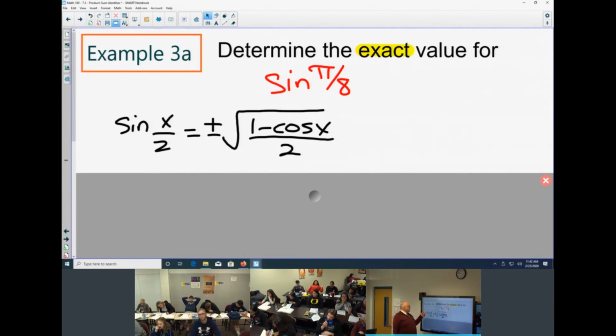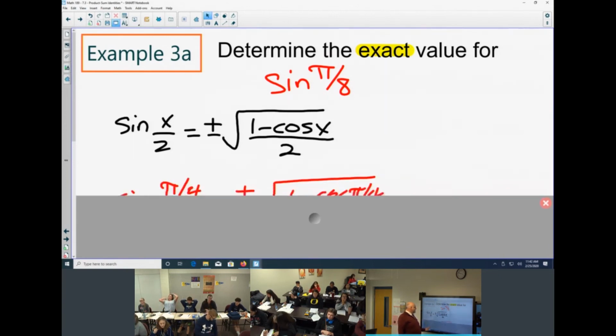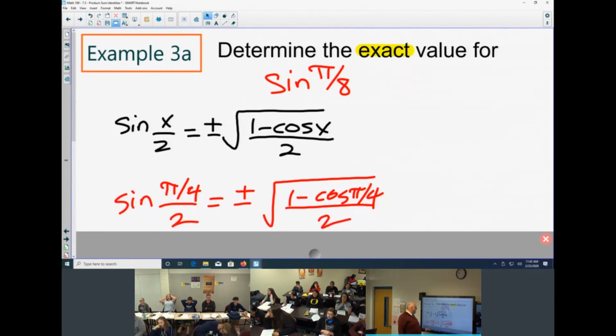So the idea is that you figure out, okay, pi over 8 is half of what? Pi eighths is the same as half of pi fourths. So if you think of your x as being pi fourths, then pi fourths divided by 2 is going to be pi eighths.